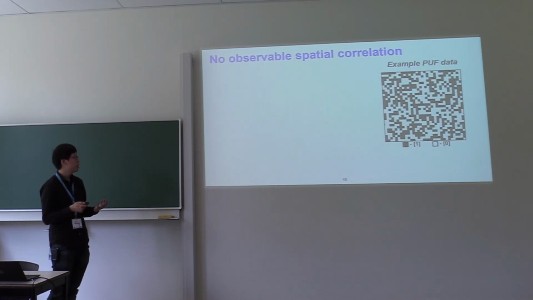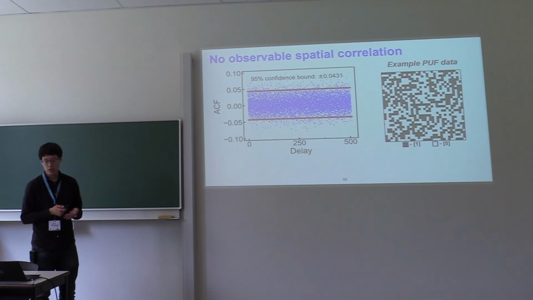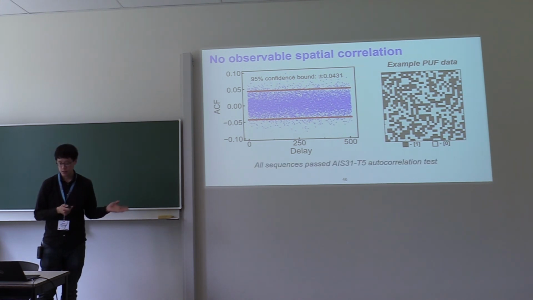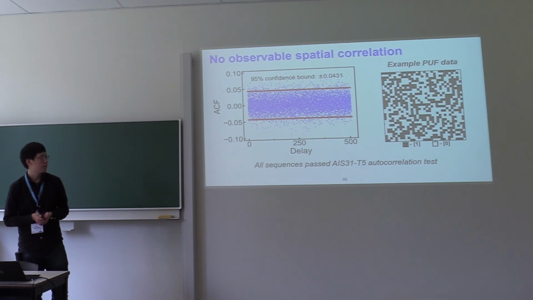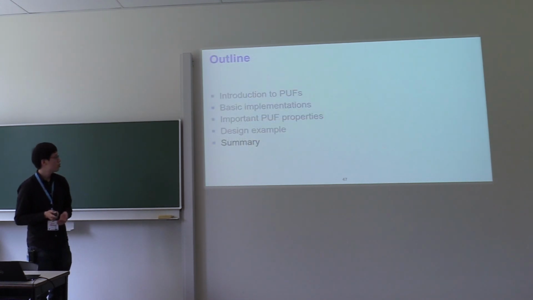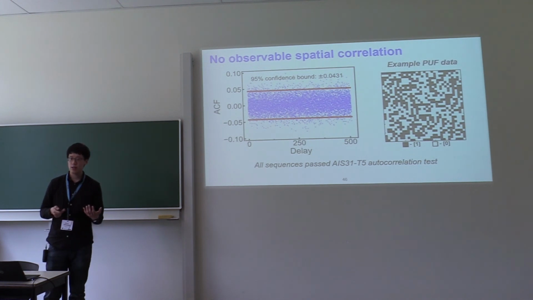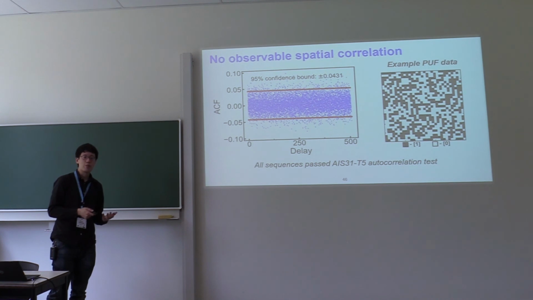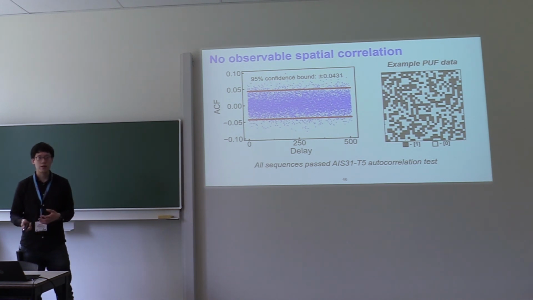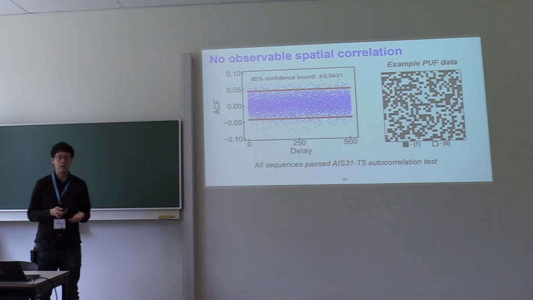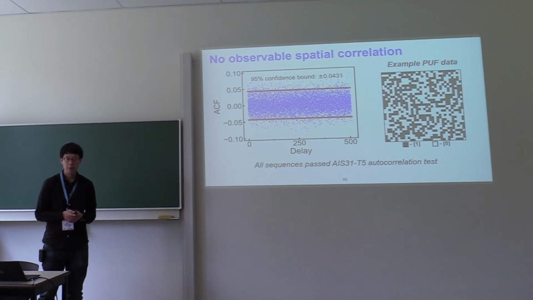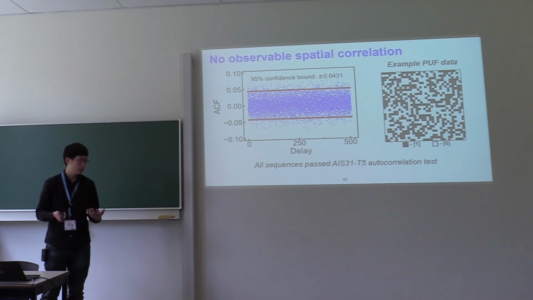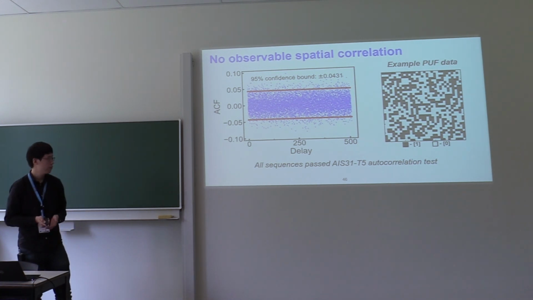And we don't see any spatial correlations in the PUF data, and all the sequences have passed this autocorrelation test specified here. So this summarizes this design example. Based on this oxide breakdown mechanism, we can design a PUF which is fully stable, and other properties like uniqueness are also fulfilled. So it's a good way to design a PUF.